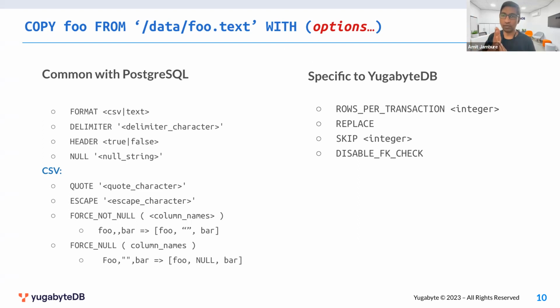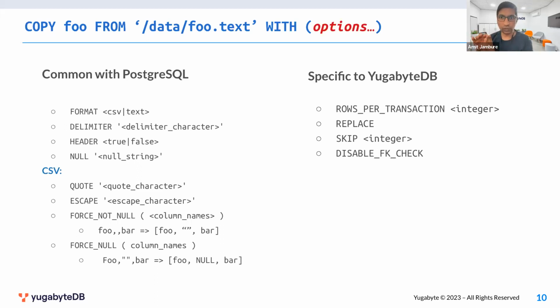That means, let's say the command fails at the 50,000th row, then your 2 batches are already inserted, and only at the 3rd batch it failed. That means when the command fails, you will see 40,000 rows in the database, and that is different from the Postgres implementation.